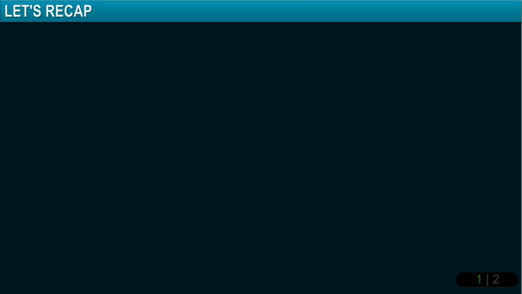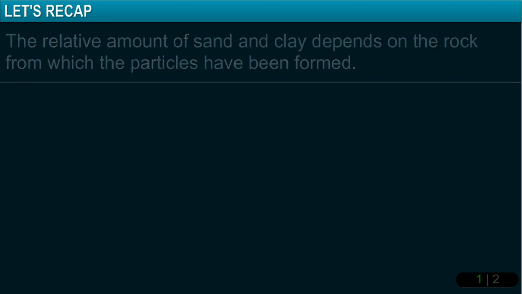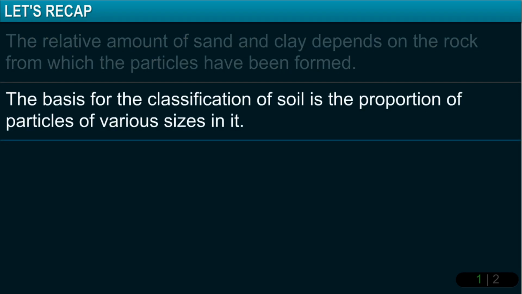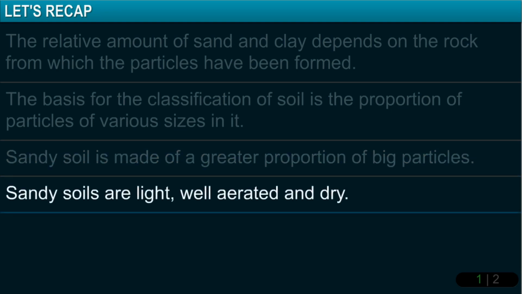Let us recap. The relative amount of sand and clay depends on the rock from which the particles have been formed. The basis for the classification of soil is the proportion of particles of various sizes in it. Sandy soil is made of a greater proportion of big particles. Sandy soils are light, well aerated and dry.